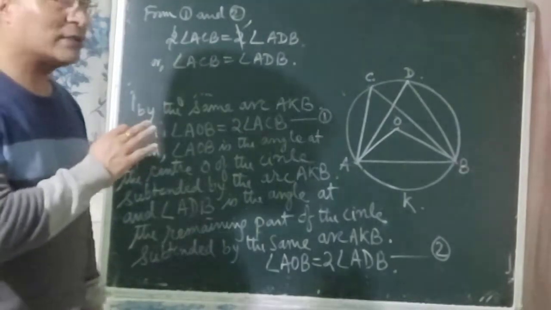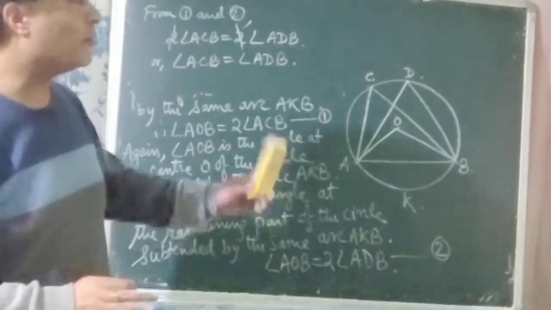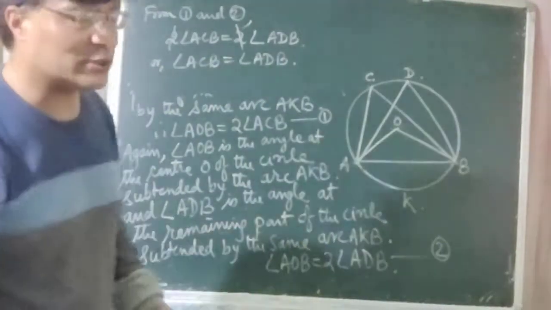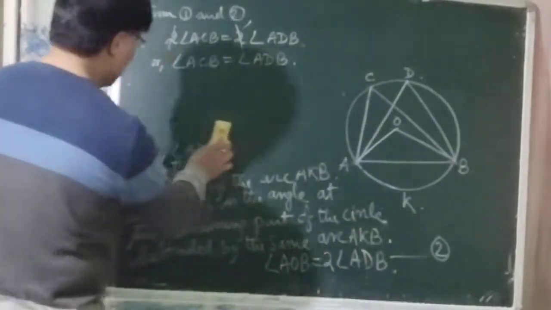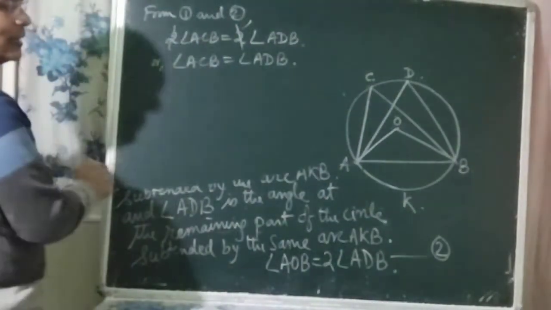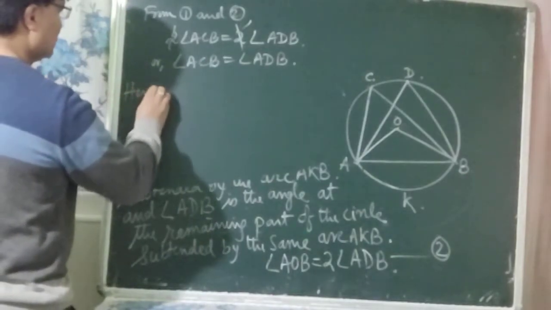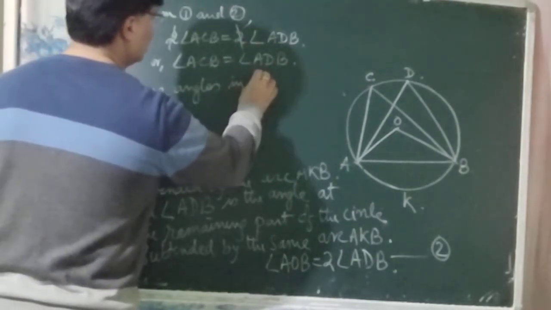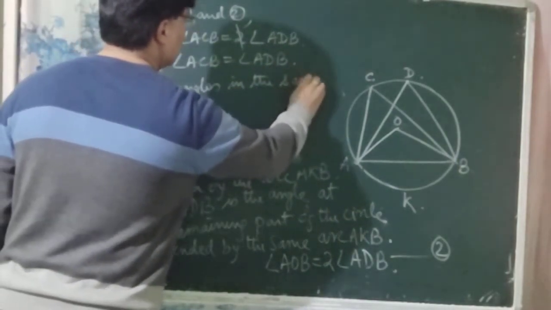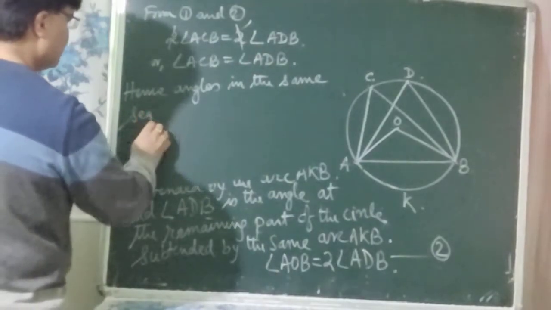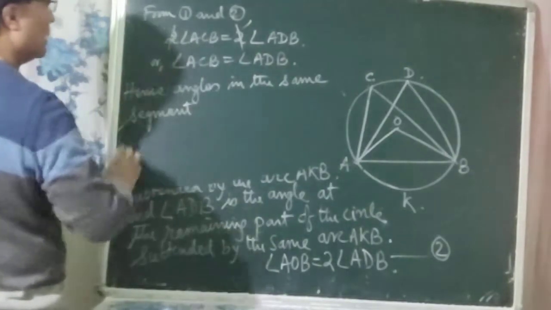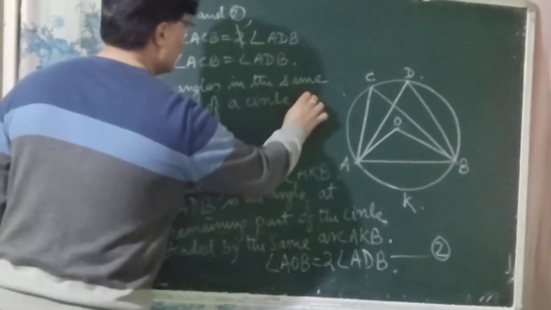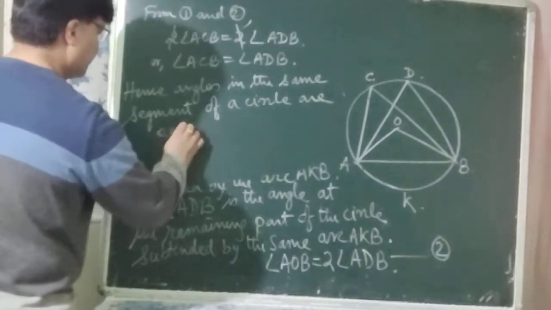So what conclusion can you make from here? That is, angles in the same segment of a circle are equal. That is proved. So just now we proved that angles in the same segment of a circle are equal. Hence, angles in the same segment of a circle are equal.